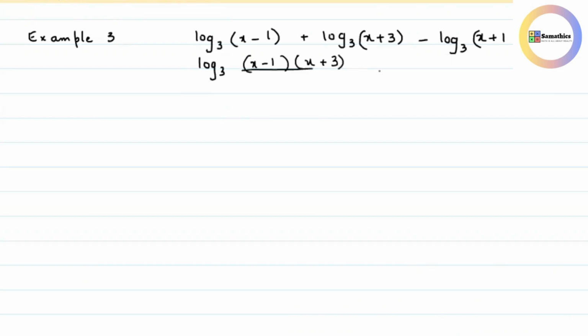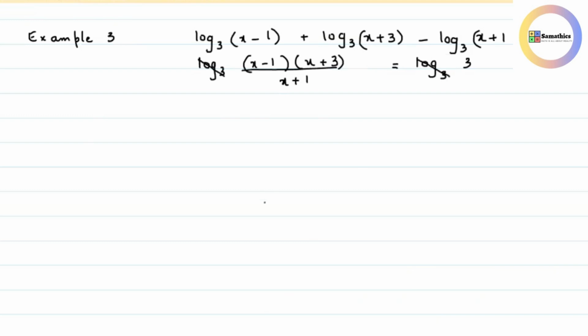As this is a minus sign, this will go in division. So we can write this is equal to log, in place of 1 we can write log 3 of 3, because log 3 of 3 will give the answer as 1. So then you can cancel out the log 3 and then you can solve it further, right? One of the ways is this.